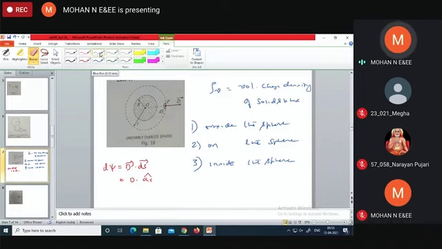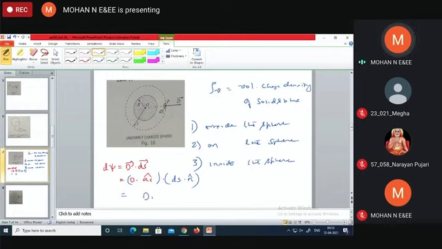Multiplied by, or dot product with, ds vector, which is ds n cap. Here n cap is the normal vector that is perpendicular to the small surface. a_r cap dot n cap is equal to 1, because they are unit vectors which are parallel to each other.